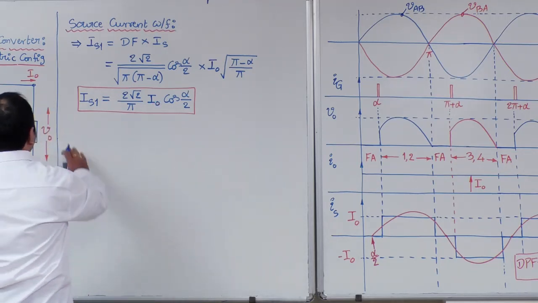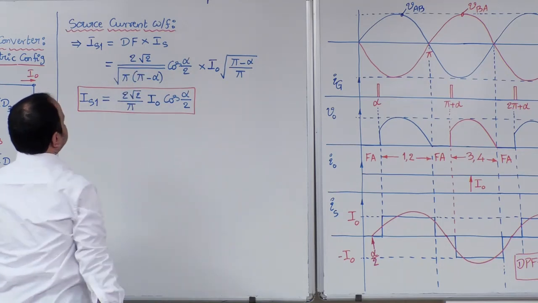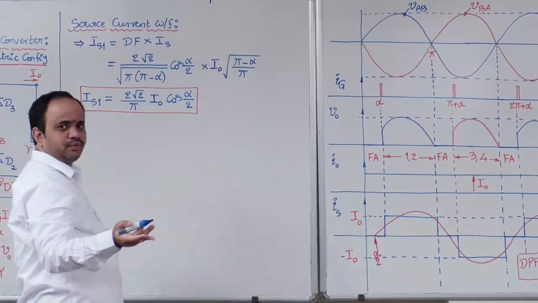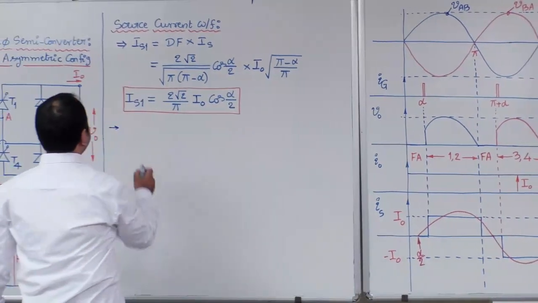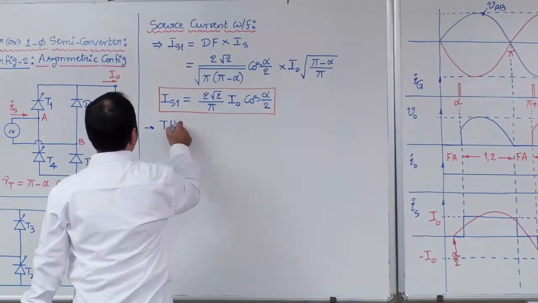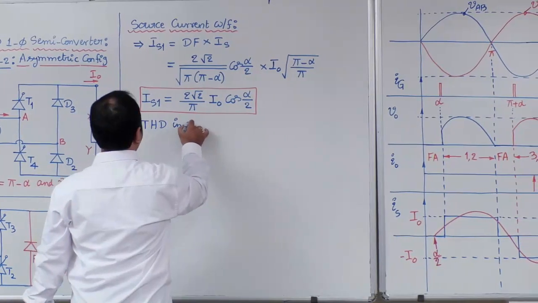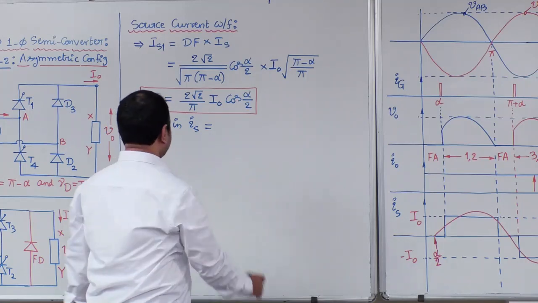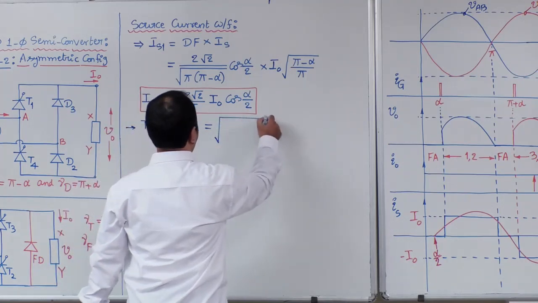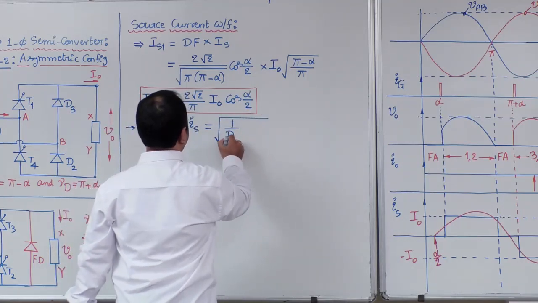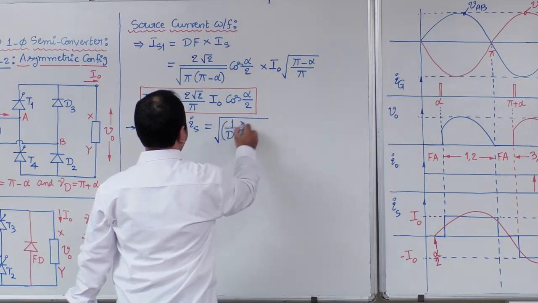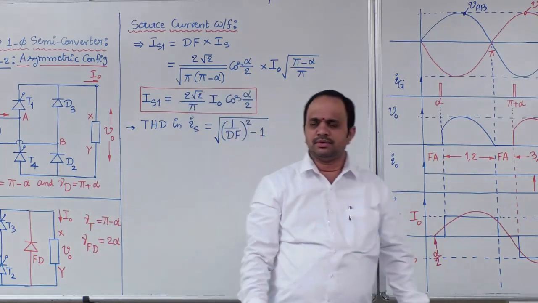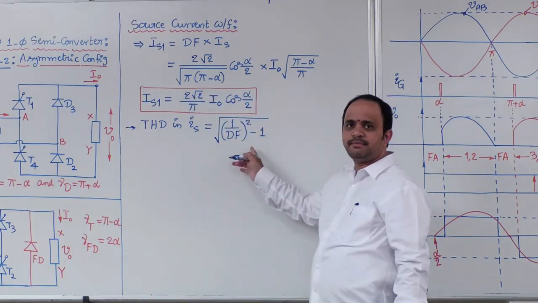Next, we already discussed the distortion factor and input power factor also we defined. Now, what is required for us? THD in source current. Now, as we discussed in detail in the previous lecture, let me write down the formula directly. Under root (1 by DF) whole square minus 1.